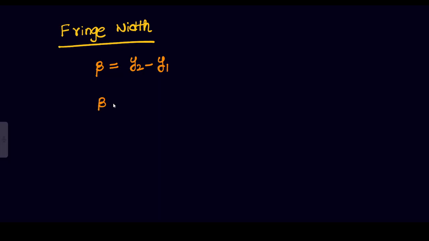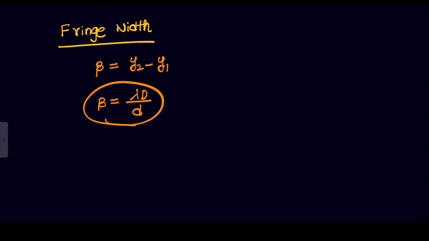So beta is given by lambda capital D by small d. This is the fringe width.